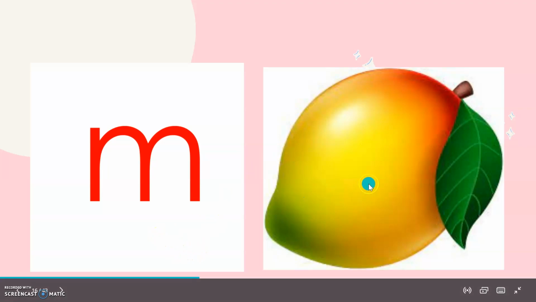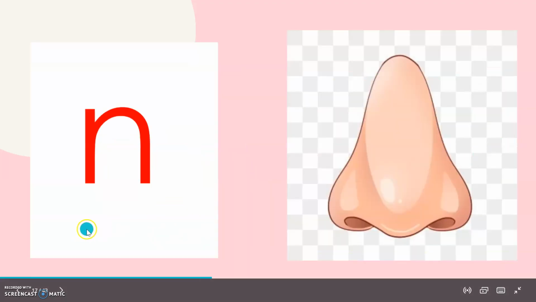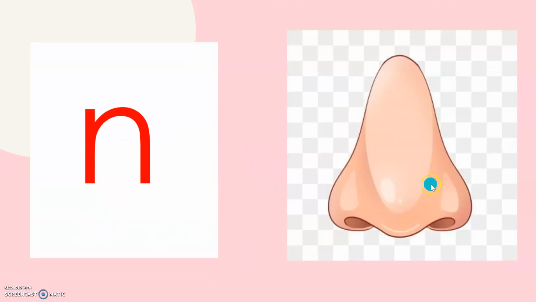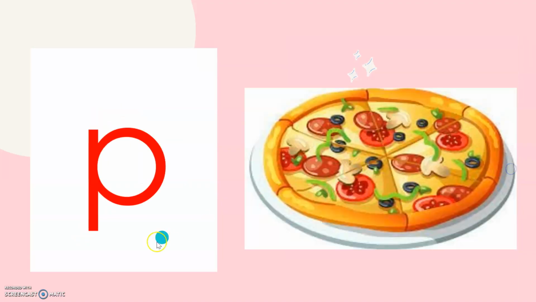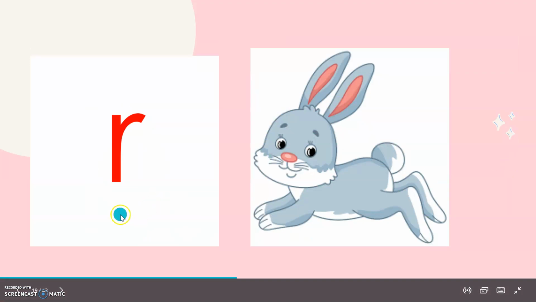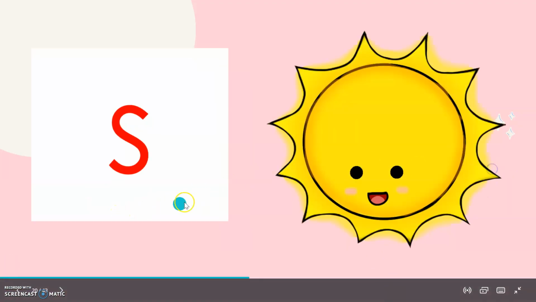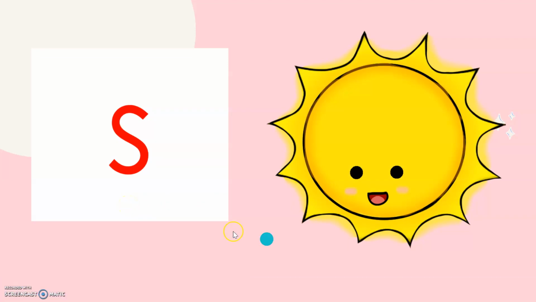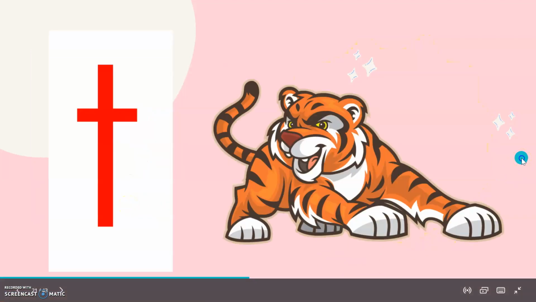M for mango. N for nose. P for pizza. R for rabbit. S for sun. T for tiger.